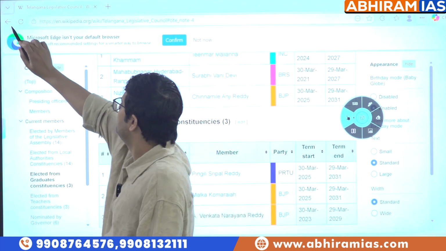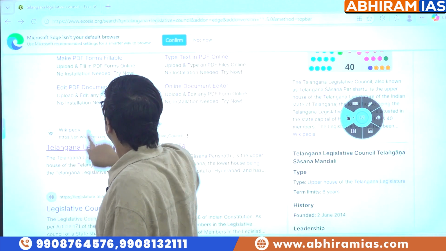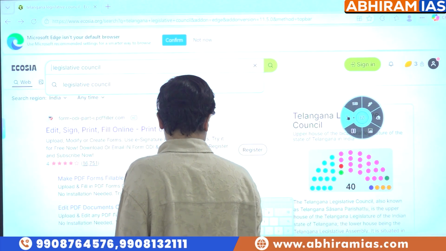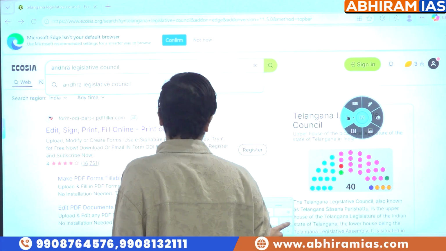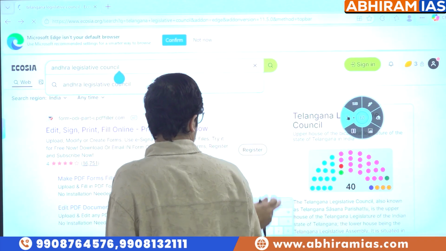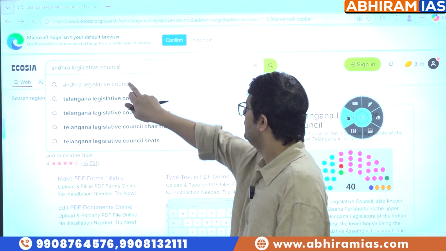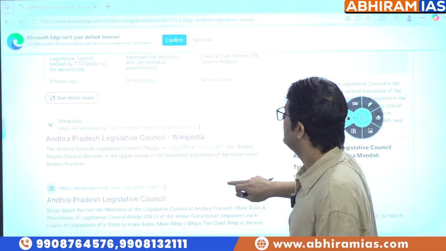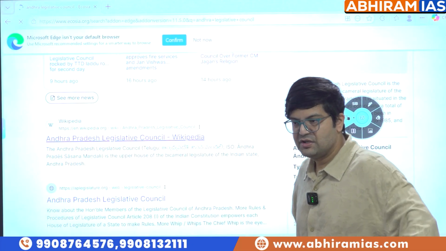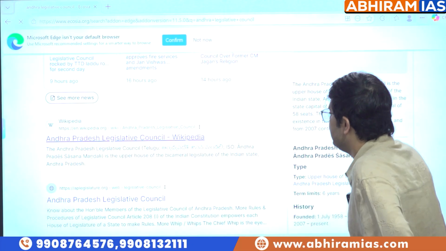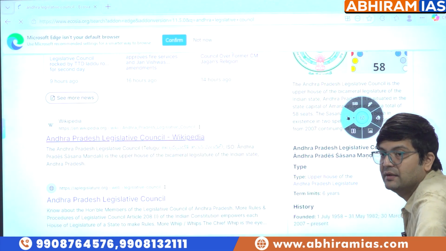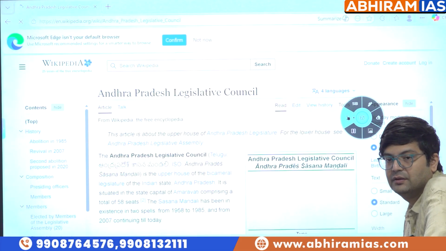So this is how it works for the council. And let's also show it for Andhra people. Why should they feel left out? So Andhra Pradesh, how many? 58, right? And how many are chosen by MLAs? 20.